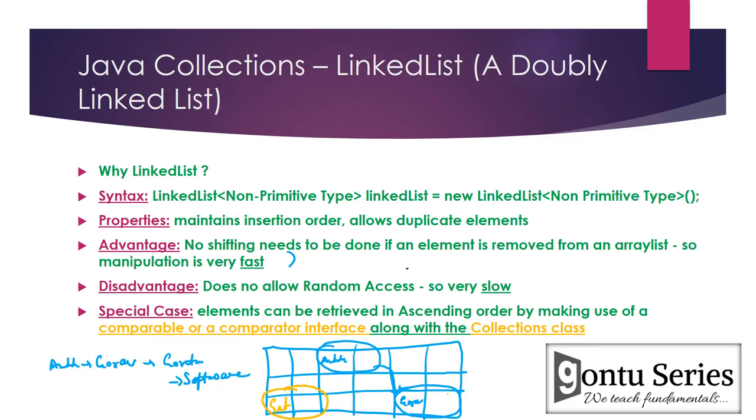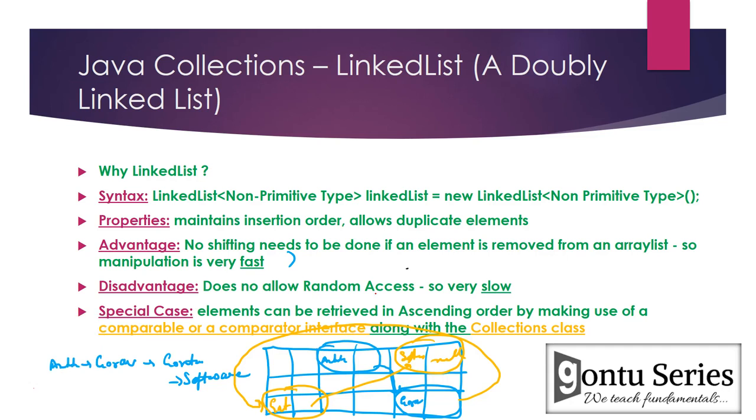So this is going to point to this Gontu, and for software it's going to create one more node, this one. So this Gontu is going to point to this software, and this is going to point to null, right? So one node points to another, another node points to another. So this is how it works.